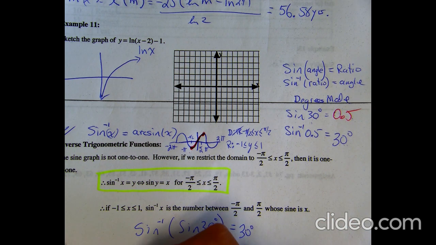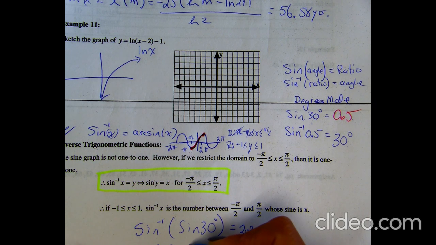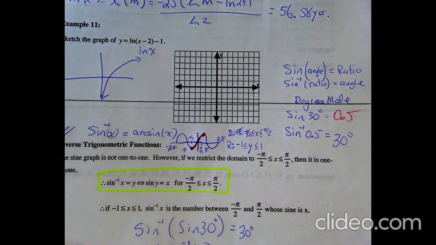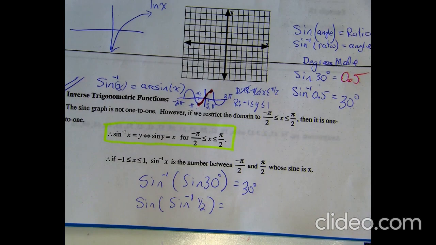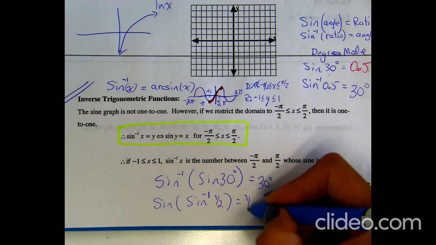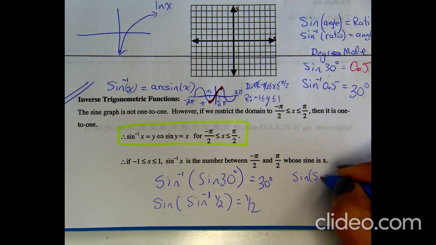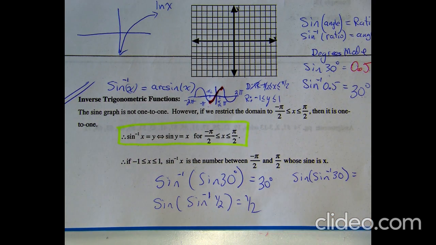Okay, what is the sine of the sine inverse of a half? What is it? 1/2. Okay, well, here's a trick question. What is sine of sine inverse of 30? If you don't know the answer, put it in your calculator.